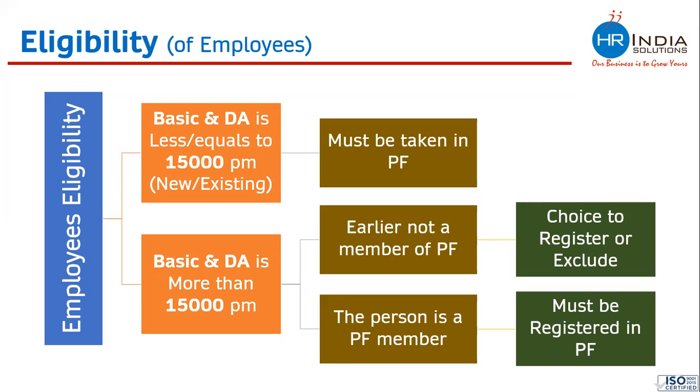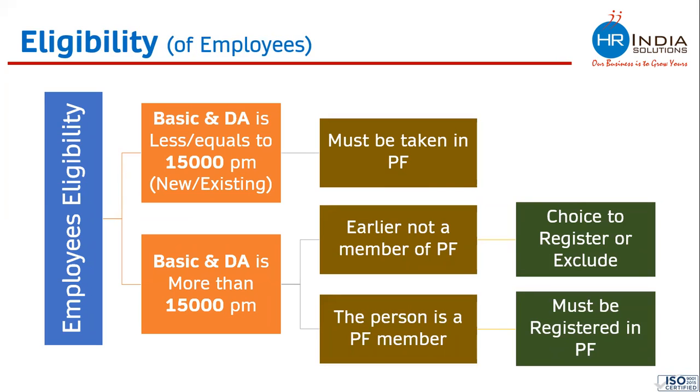On the first part, we are clear that if anybody's salary is less than 15,000 per month, that person has to be taken under PF. If there is a person whose monthly salary is more than 15,000, when I'm talking about basic and DA only, and the person was never a member of Provident Fund, there is a choice with the employer.